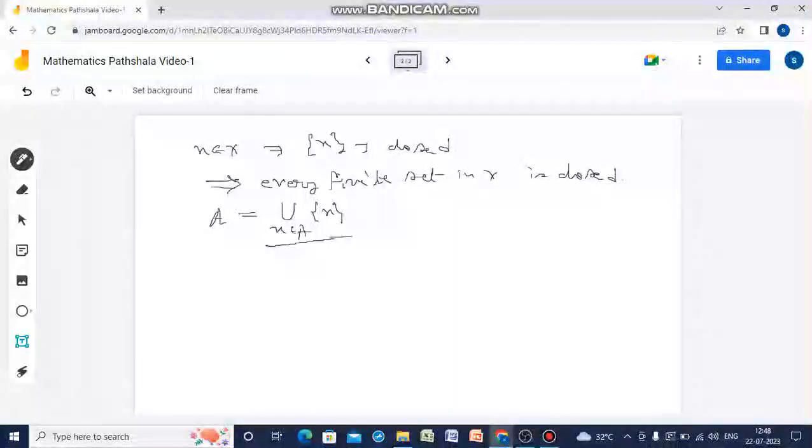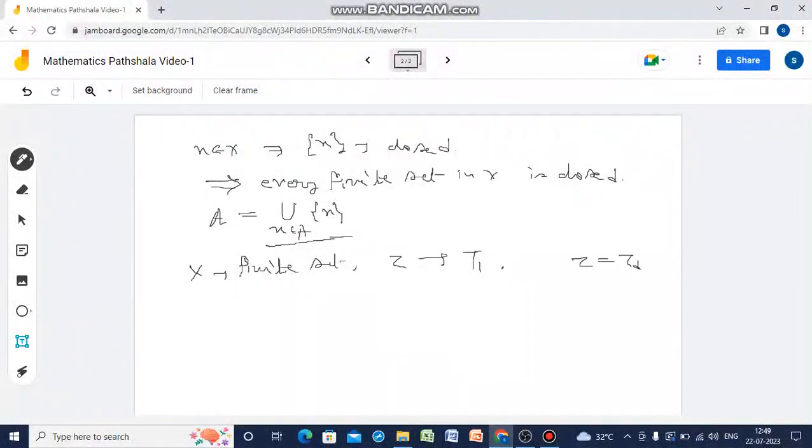Now see that if we take X a finite set and tau a topology on X which is T1, we now prove that tau will be equal to the discrete topology on X. So to prove this, we need to prove that all sets are open sets.